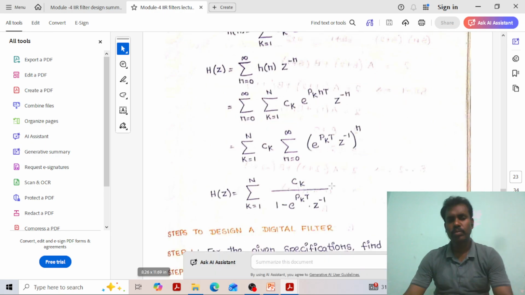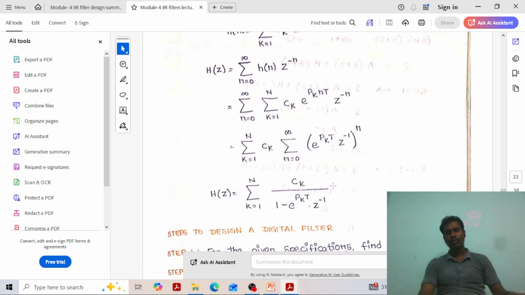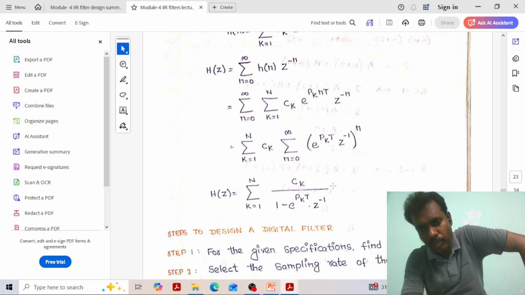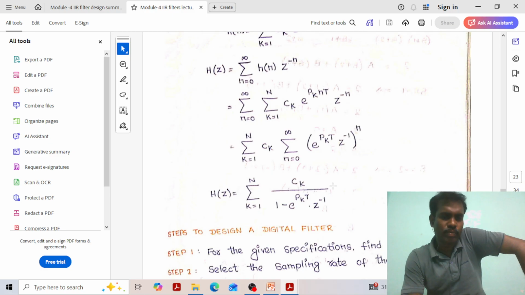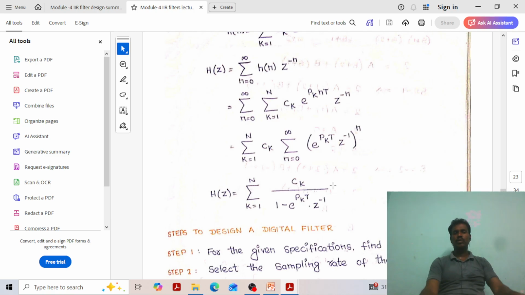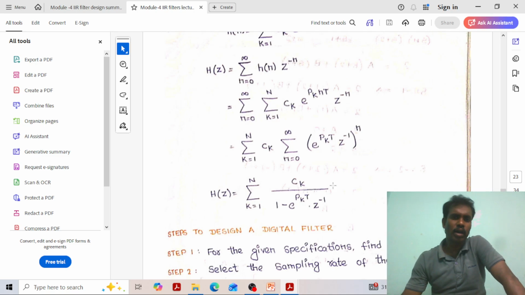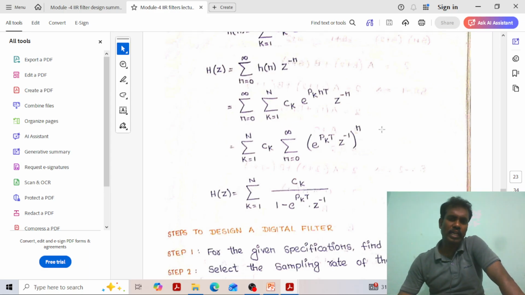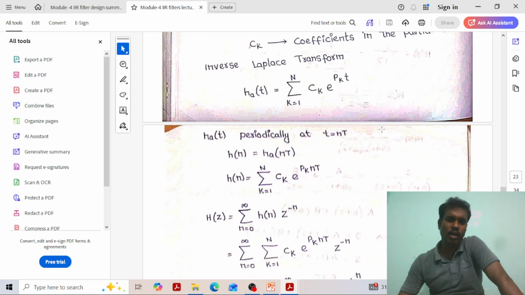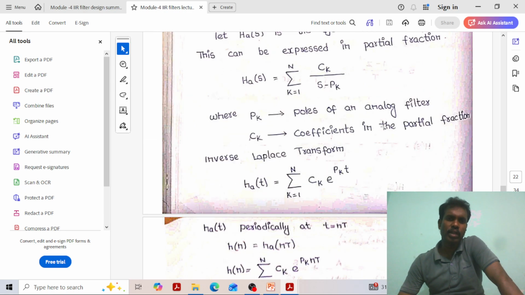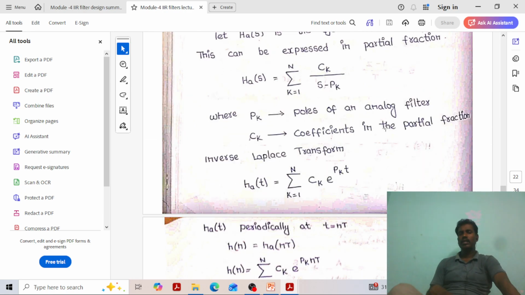into digital by substituting H(z) equal to sigma c_k by 1 minus e to the power p_k T into z inverse. So if you know p_k, the pole location in the analog domain, in the digital domain it is equal to e to the power p_k T, because z is equal to e to the power sT, the formula for the relation between the z domain and the s domain.